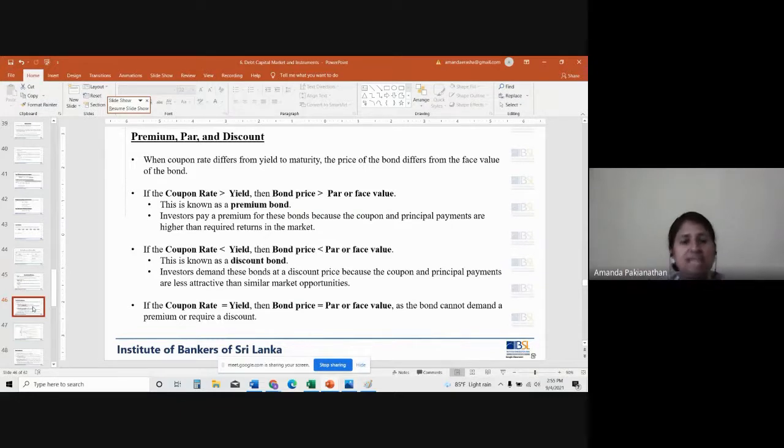Because the investor cannot demand a discount, and you can't demand a premium as well. Why? You are giving the same return that is expected.